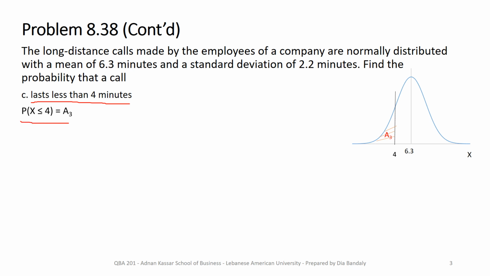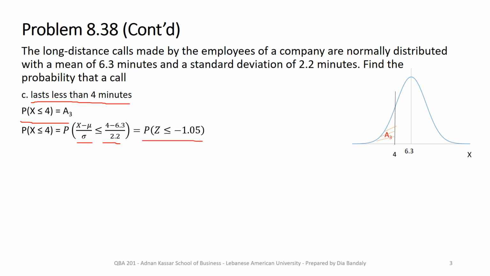This is very clear for us, right, under the curve. So guess what? What would be our next step? Think about it. Yes, we're going to standardize. So P of x less or equal than 4. Again, we do the standardizing procedure and we end up with this one.